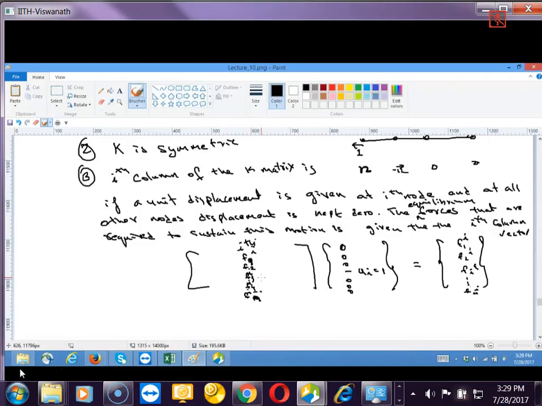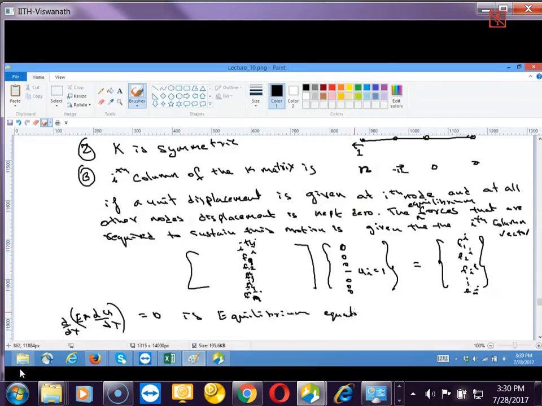So an alternate way of saying it is, here EA du by dx, the derivative of that equal to 0, is the equilibrium equation.